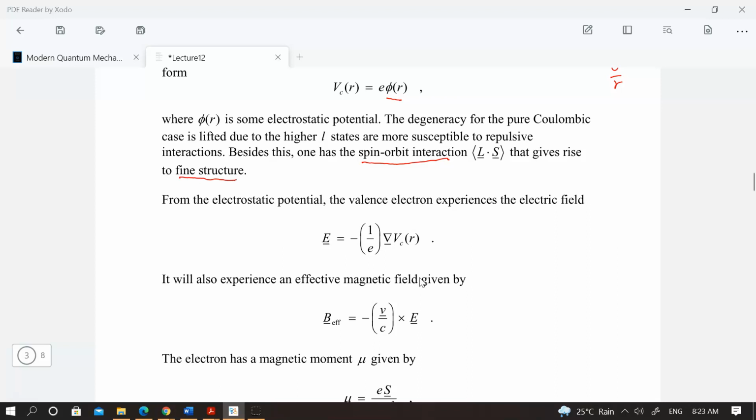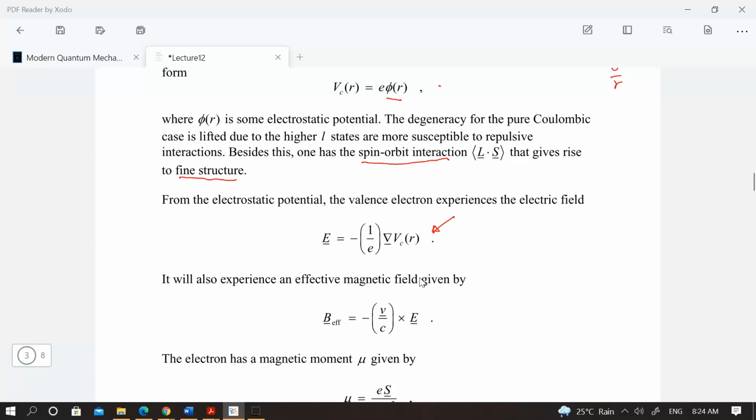So let's do this. First of all, due to the inner shell electrons, and also the nucleus, of course, the valence electron will experience an electric field. The electric field is given essentially by the gradient of your potential, V_c, the one we have both.